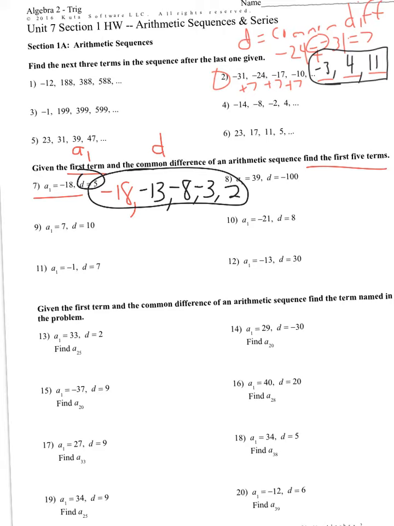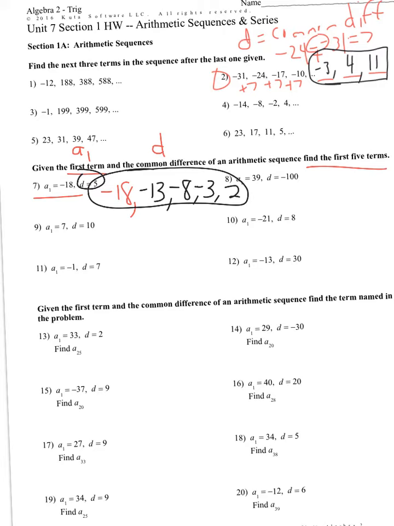Okay, and let's do this next section. In arithmetic sequences, we can find a specific term given some information. Now there's going to be an nth term formula that we have on your blue reference sheet that you're going to want to use.